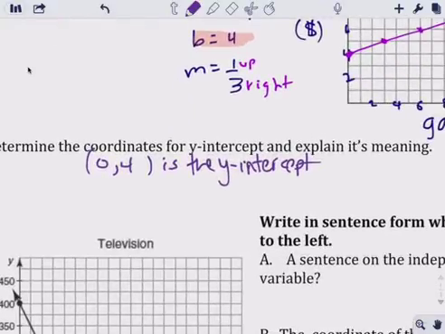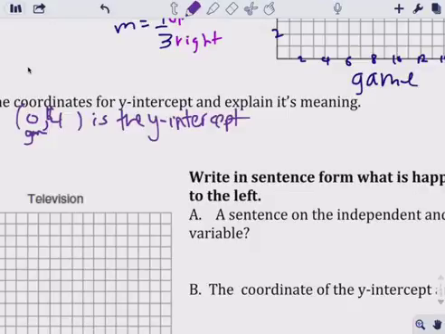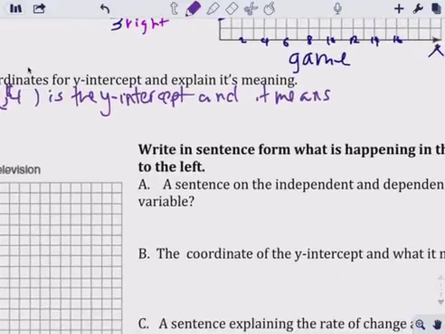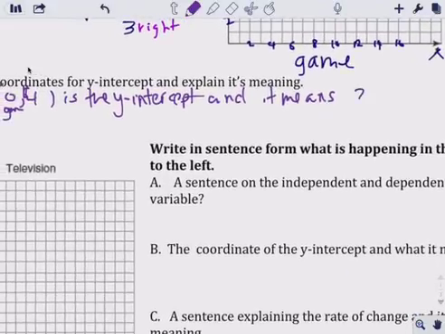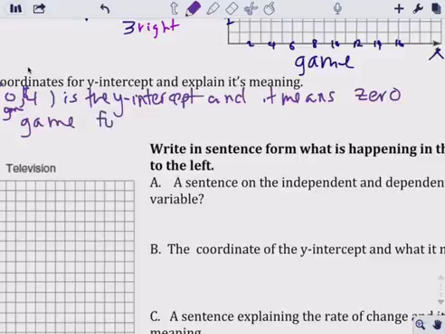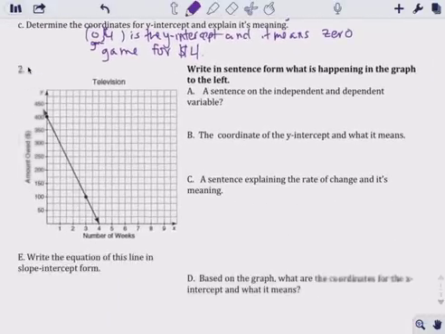So this is the games, this is your dollar amount. And it means zero games for $4. That means just to enter it costs you $4.